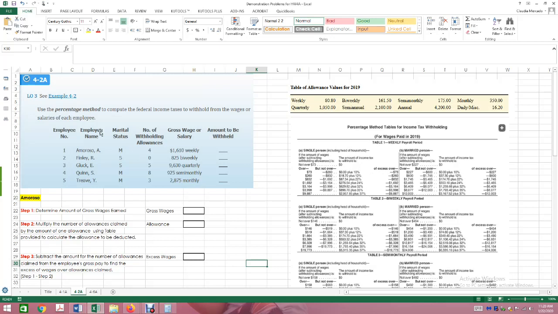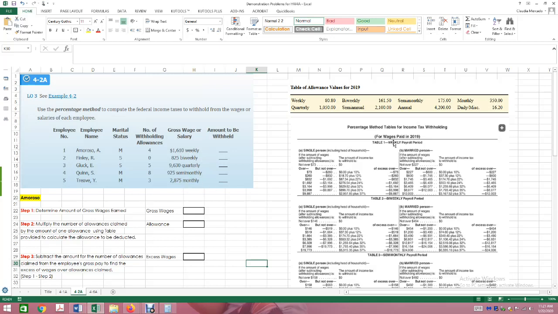Now, they provided us a list of 5 employees, their name, their marital status. Are they married, which is an M, and if they're single, that's an S. They've given you the number of withholding allowances. These are their dependents. And they've given you their wages or their salaries and how frequently they're getting paid.